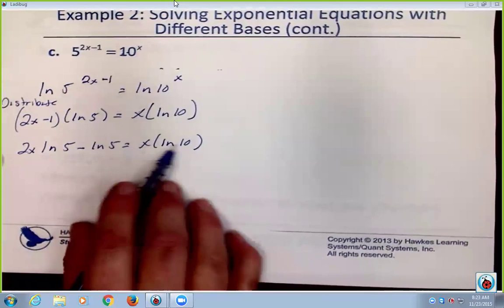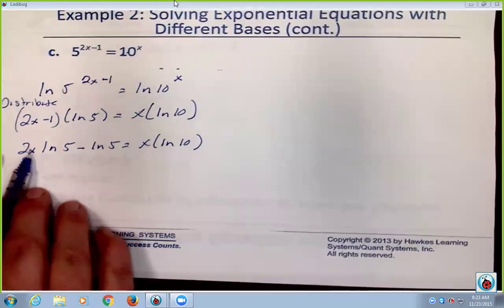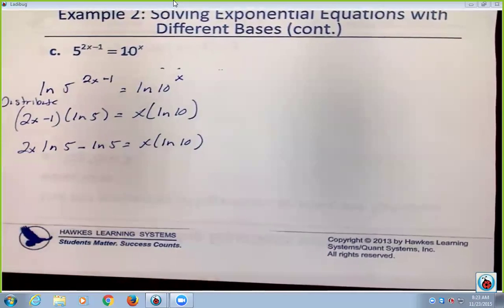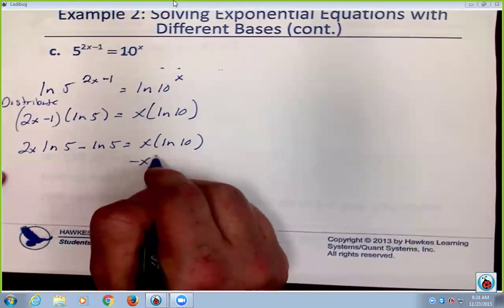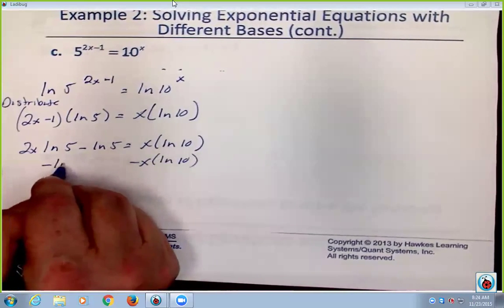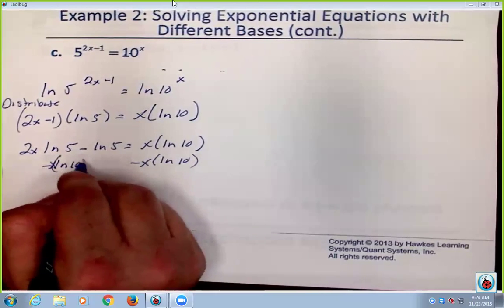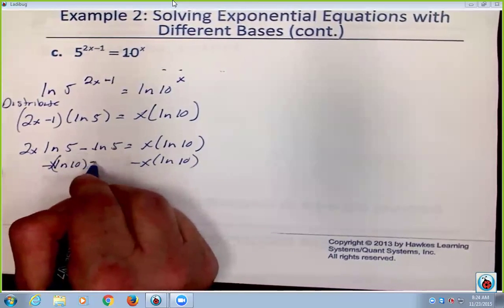Then I'm going to get all of my things that have x's together on one side and all of my things that don't have x's to the other side. So I've got to minus this from this side and minus it from this side. And this piece needs to go over to the other side.